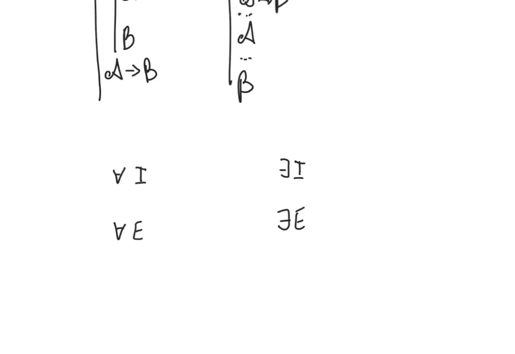Indeed, existential elimination is going to be the hardest rule in our system to apply and even remember. Whereas the easier rules are going to be universal elimination and existential introduction. So I'm going to start from these easier rules.